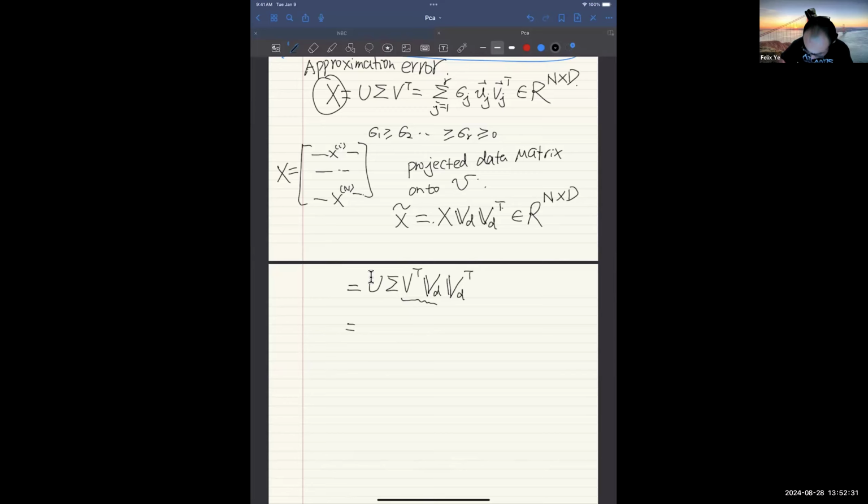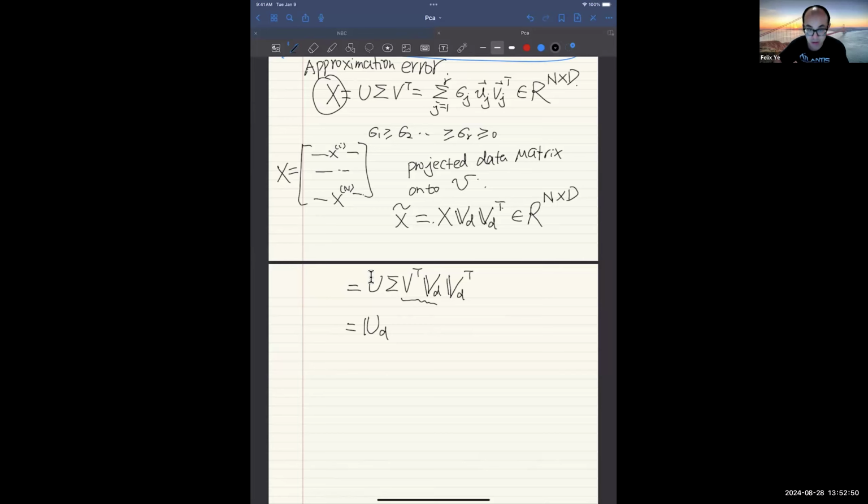So this actually becomes the following: U of D, just the first D columns of U, because everything beyond D doesn't matter and is just thrown away.